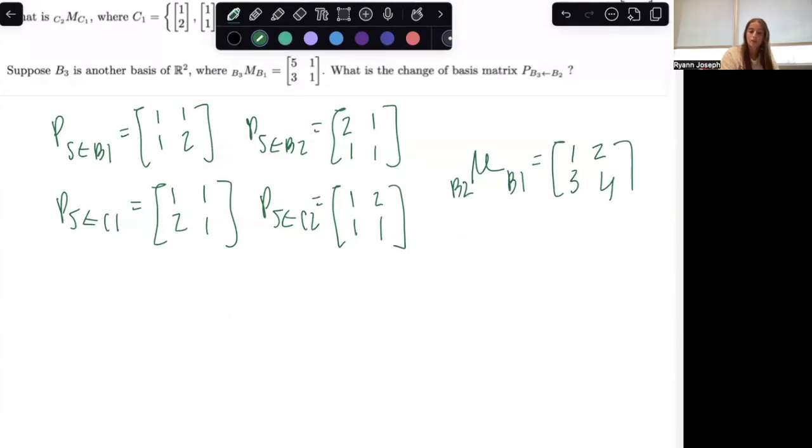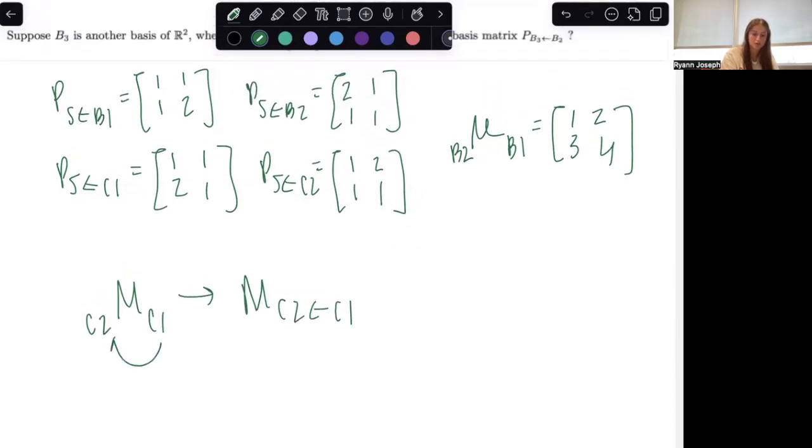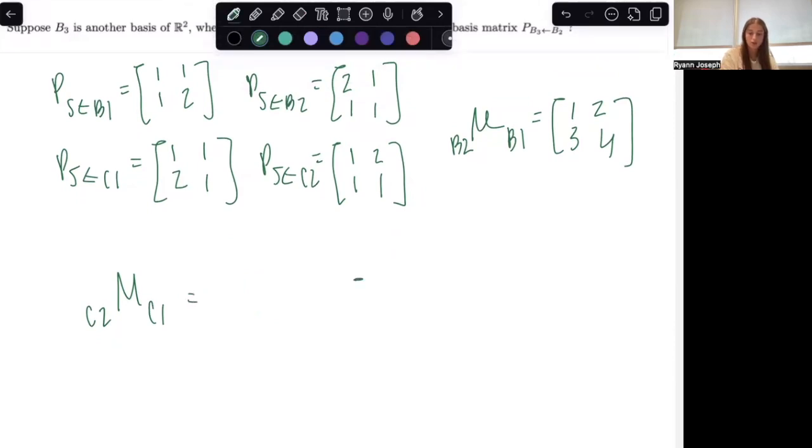The way that I think this problem makes the most sense is I've got C2, C1. This is the same notation as if it looked like this. Those are interchangeable. It's just like this is the input and this is the output. So I've got C1 and C2, and in the middle I have it going from B1 to B2.